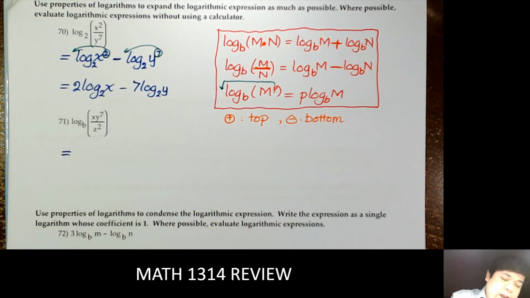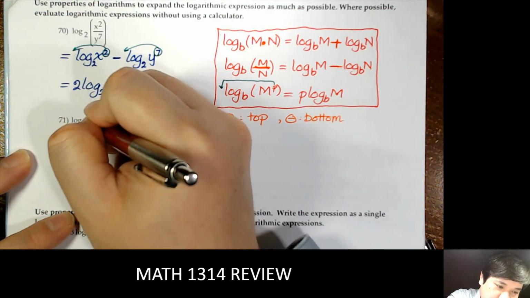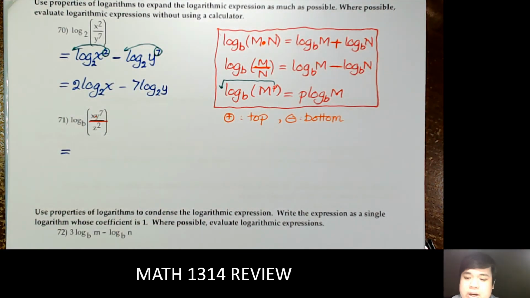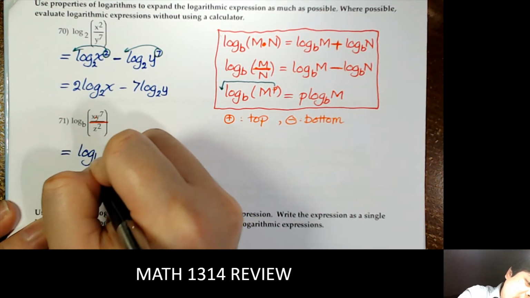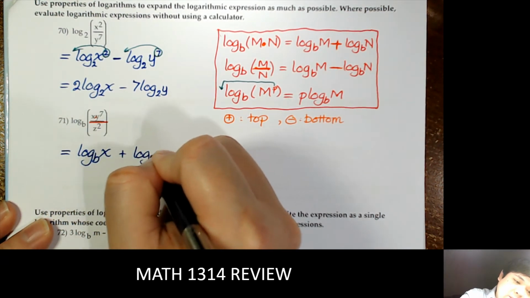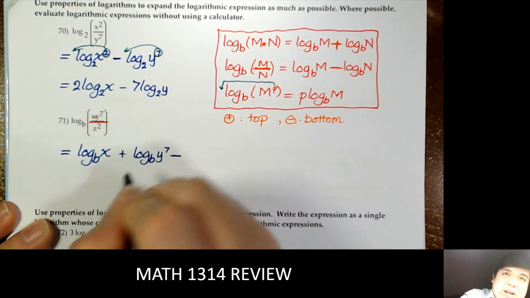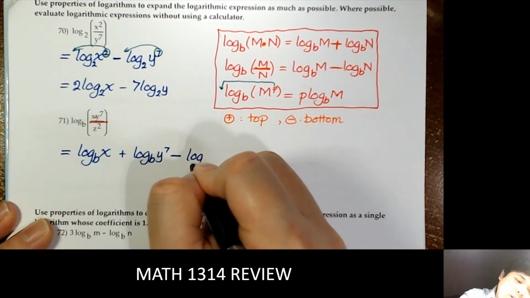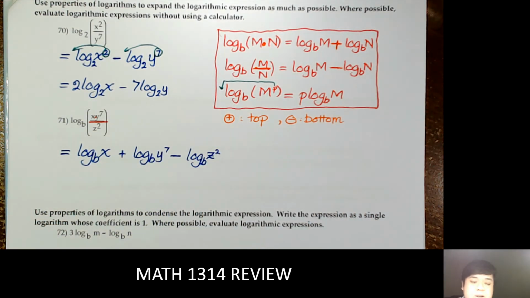Right, on this one we have x times y to the 7 and then divide by z squared. So we have 3 terms. The x on top, y to the 7 on top, z squared at the bottom. Whatever is on top has a positive coefficient, and then also plus log base b of y to the 7. And then z squared at the bottom will be negative log base b of z squared. And then we take all the coefficients outside.